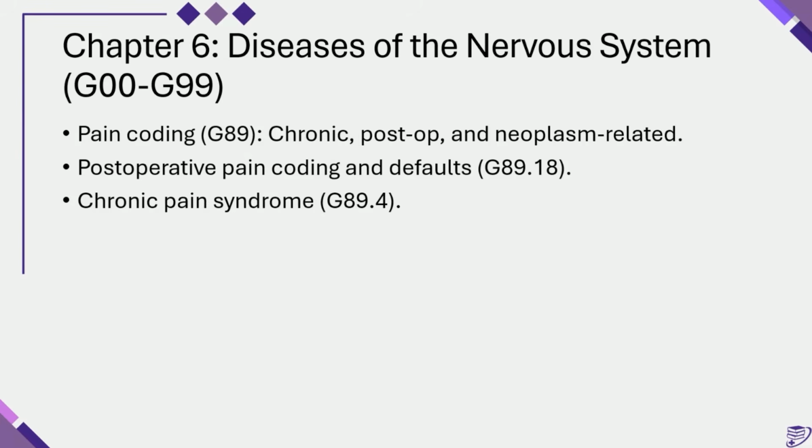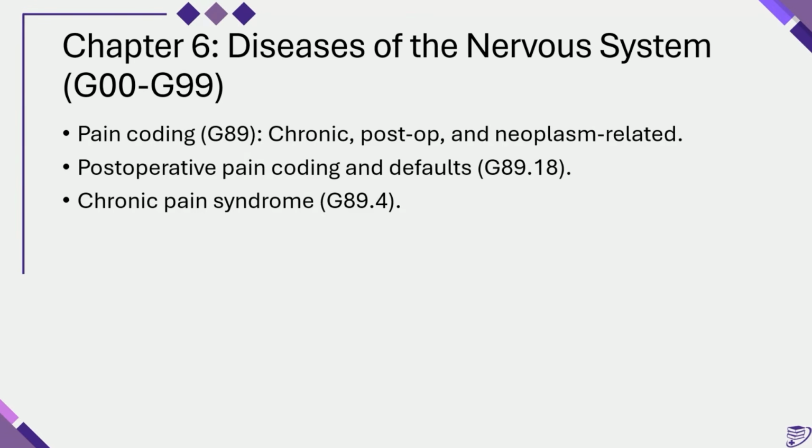Chapter 6 focuses on diseases of the nervous system. A lot of emphasis on pain coding. So G89 codes to distinguish between chronic pain, postoperative pain, neoplasm related pain. For example, G89.3 is used for neoplasm related pain regardless of if it's chronic or if it's acute.